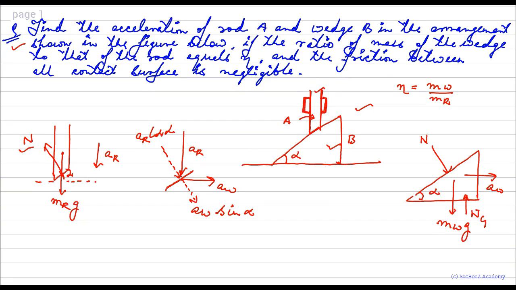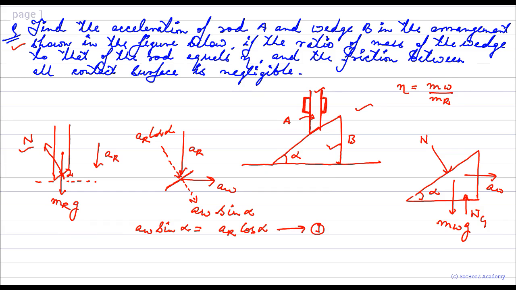So along this particular direction, that is the direction perpendicular to the contact surface, the component of the accelerations is going to be the same, which gives me the first equation, which is the constraint equation, as aw sine of alpha equals ar cos of alpha. So this is my first equation.